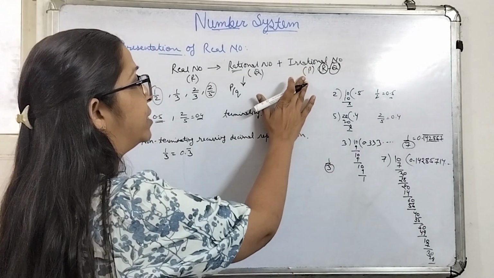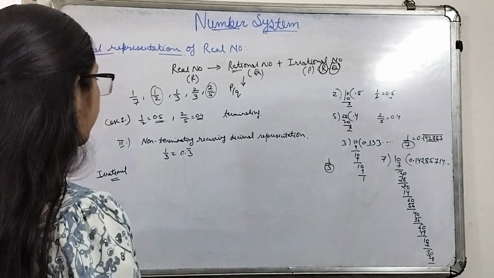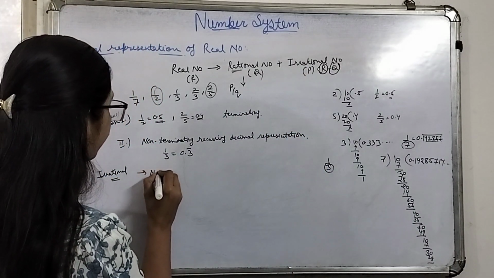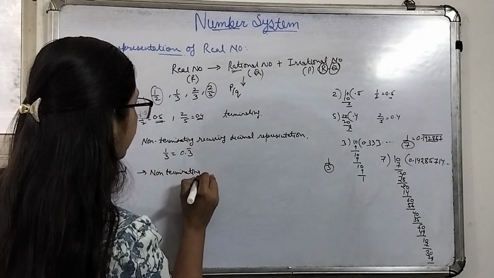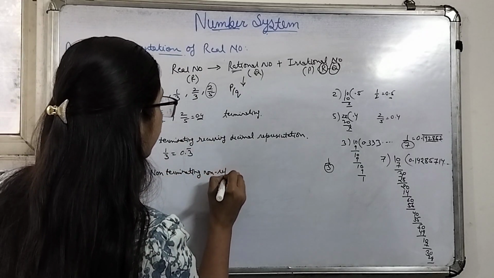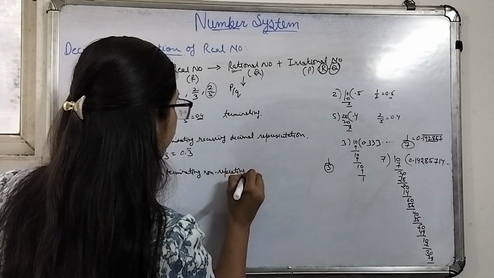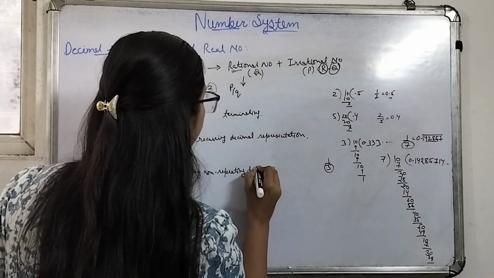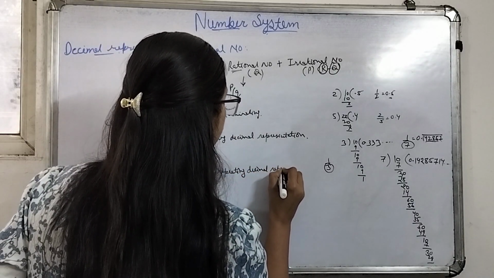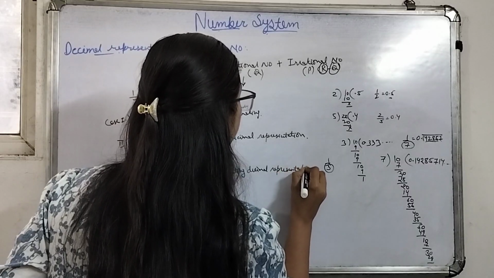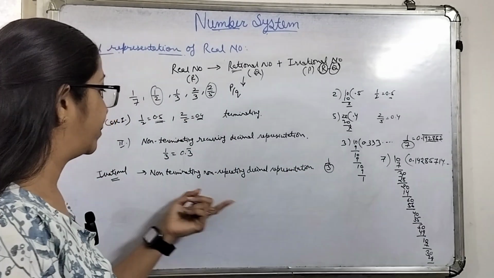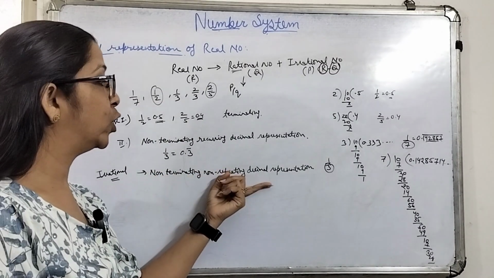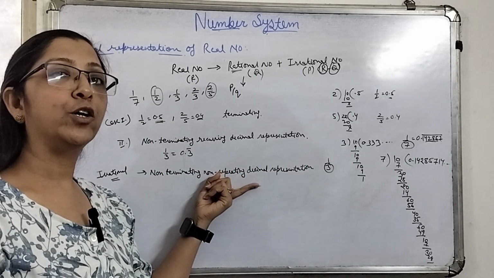So the decimal representation of irrational numbers is non-terminating, non-repeating, or non-recurring. For irrational numbers, the decimal representation will be non-terminating and non-recurring.